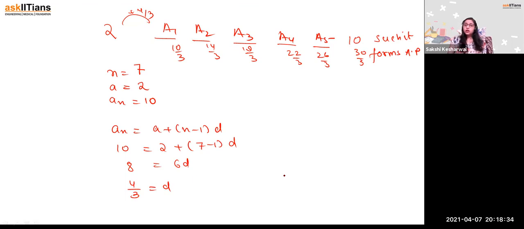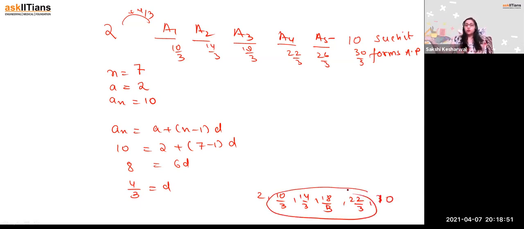Now you can insert two numbers also, or three numbers. You can see that now you got the sequence 2, 10 by 3, 14 by 3, 18 by 3, 22 by 3, 26 by 3, 30 by 3, which equals 10. All these numbers which you inserted, the new sequence formed is an AP. So this is called insertion in an AP, that is, arithmetic means.